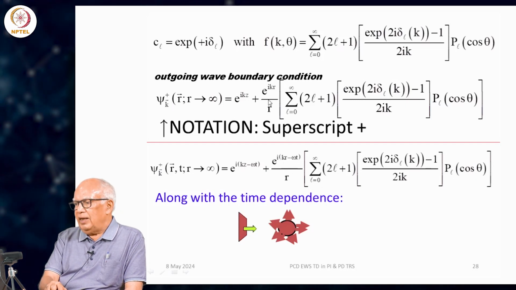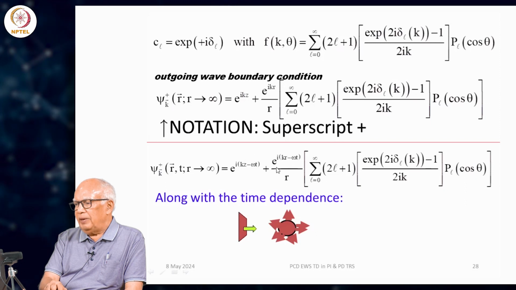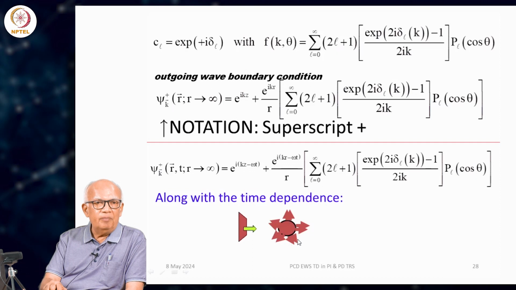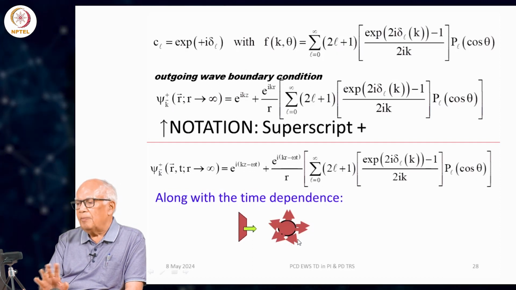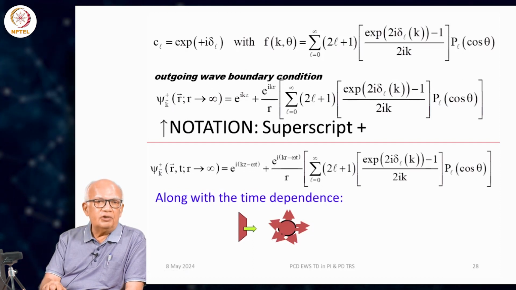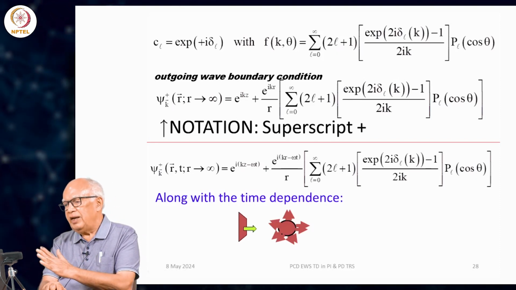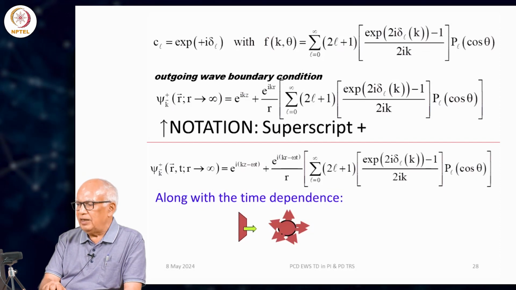This e to the ikr, when multiplied by the time dependent factor, becomes kr minus omega t. So, it is a spherically outgoing wave, and we have the appropriate description of the scattering phenomenon in terms of an incoming plane wave which is moving from left to right. That is what defines your z axis.